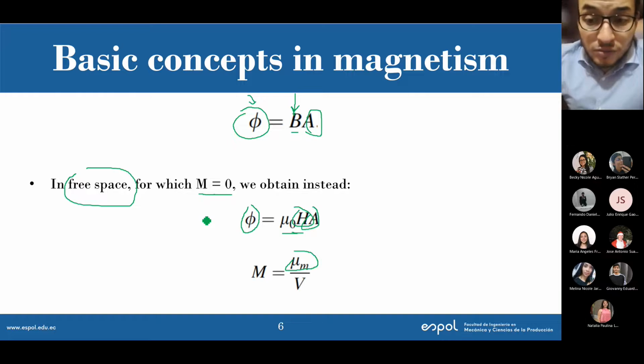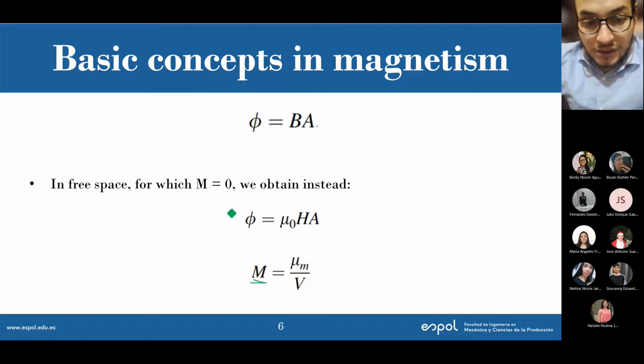Obviously, that will be a vector too. So the magnetic moment is just, or these equations just means that the magnetization is the magnetic moment per unit volume, right? That's all what the magnetization is. The magnetization is just the magnetic moment per unit volume.